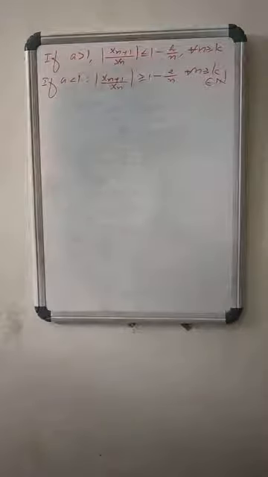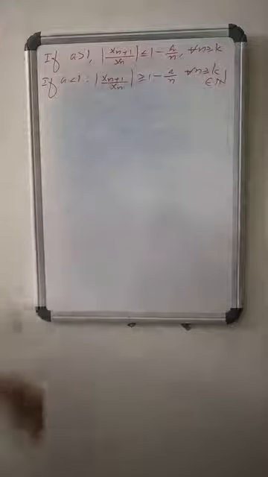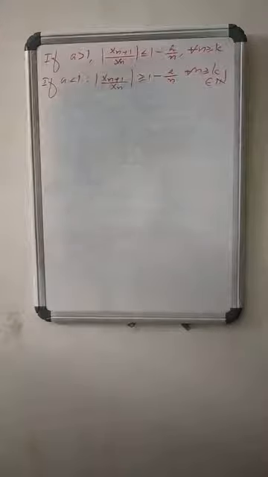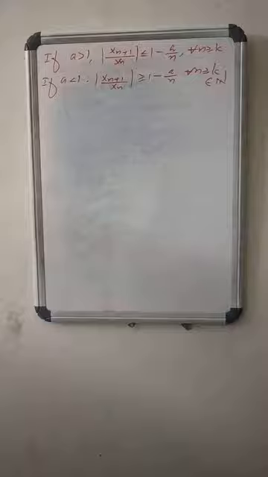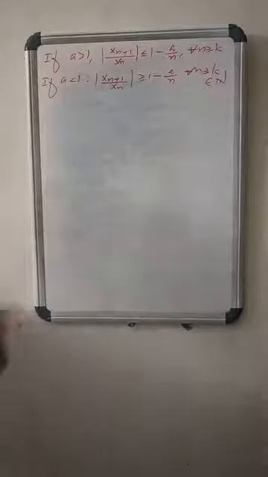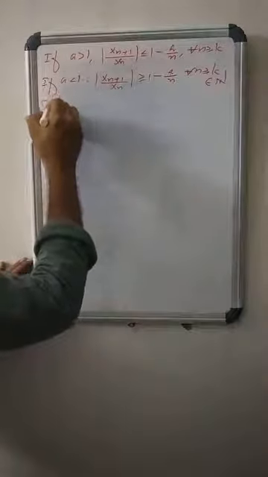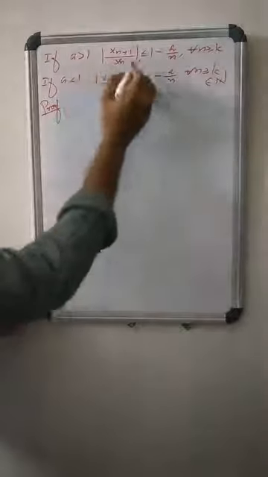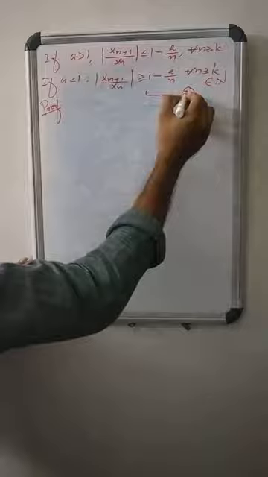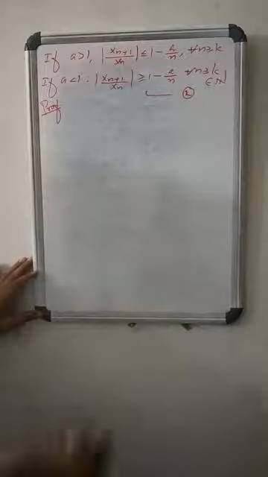If a is less than 1, then we have to show that modulus of xn+1 by xn greater than or equal to 1 minus a by n. If this holds, then sigma xn is not absolutely convergent. How? So the proof of the second part: consider equation 1 or 2, if it holds, what happens?